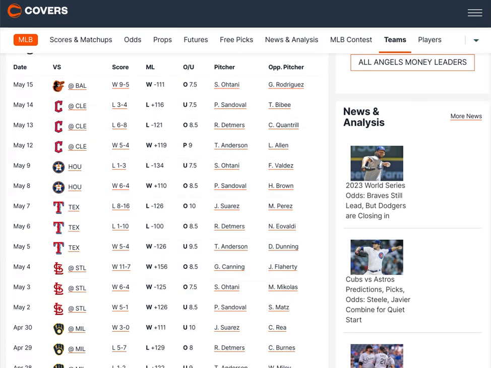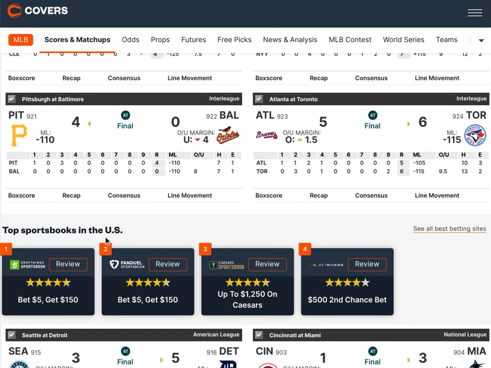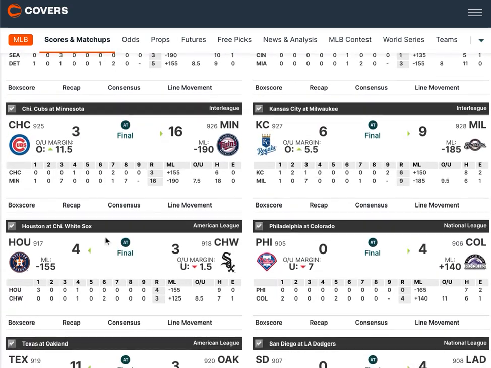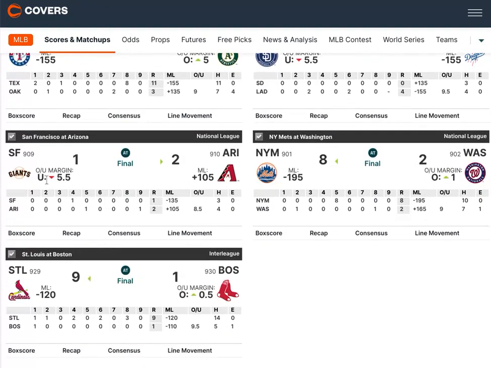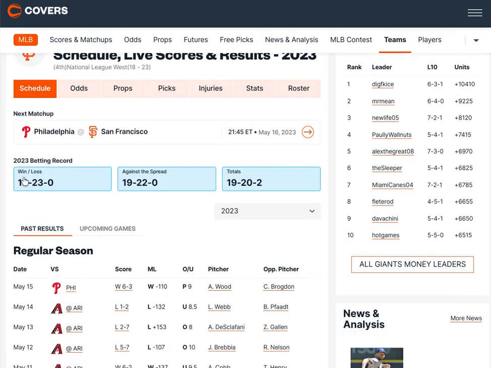Now let me show you another example, and I'm going to give you a really solid tip on how to incorporate this into your model statistically. So that same day, let's go all the way down here to San Francisco, Arizona. My model had San Francisco as favorites in this one against Arizona. And let's take a look at San Francisco.